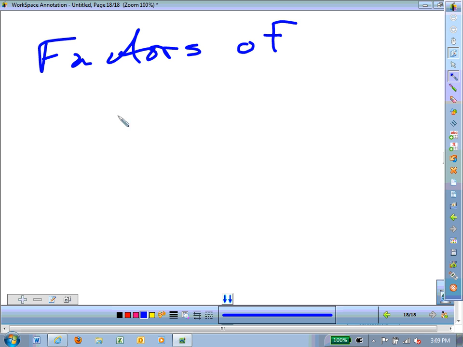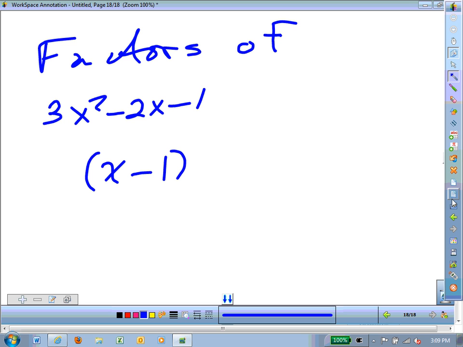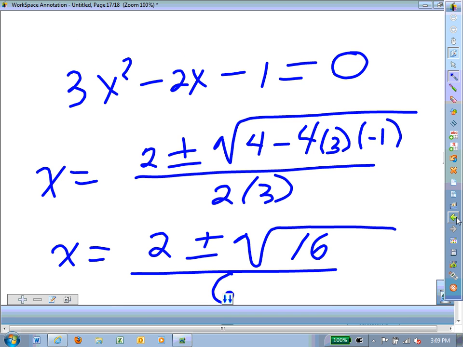On the other hand, let's see, what did I write? I had 3x squared minus 2x minus 1, right? What are the factors of 3x squared minus 2x minus 1? Well, x minus one of the roots, plus 1.